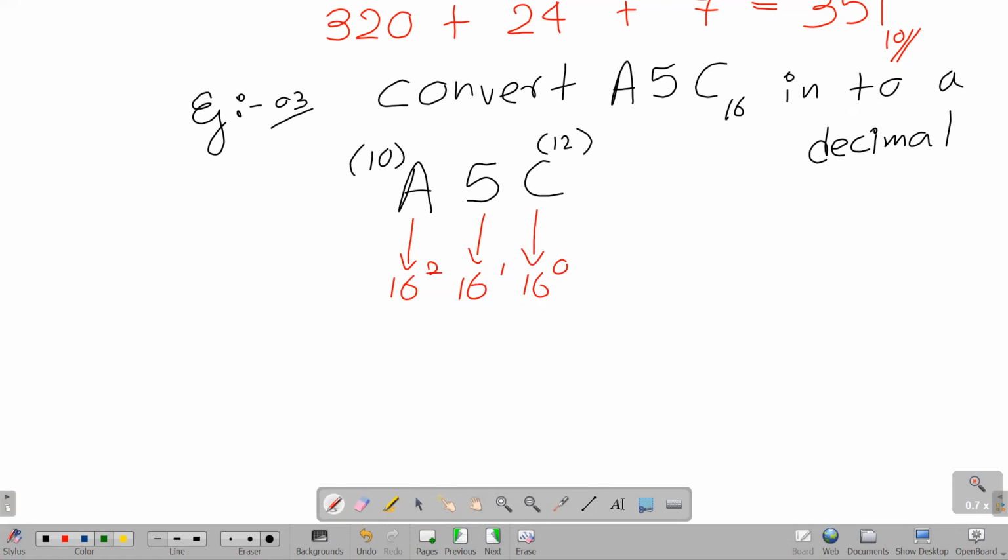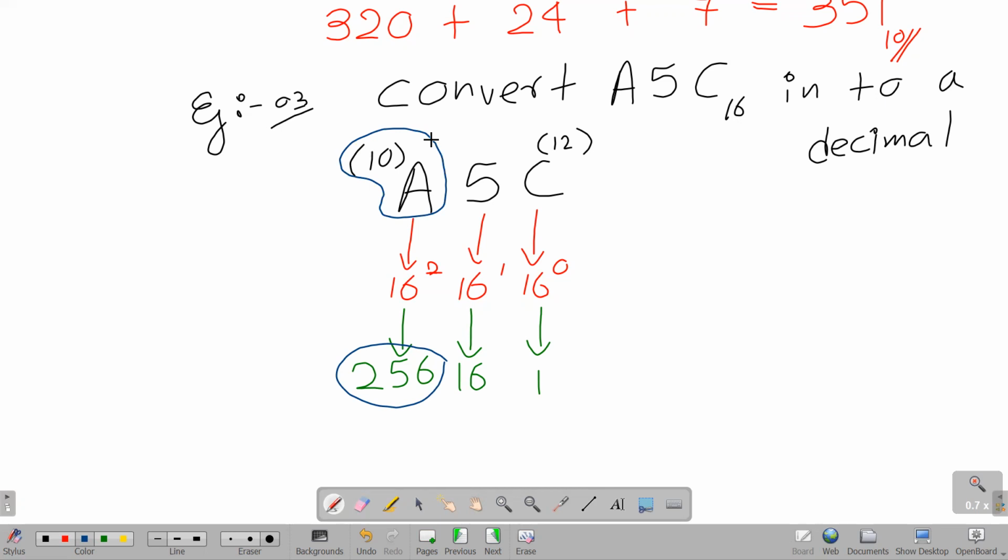That means this is 1, this is 16, this is 256. So we are going to go on the same road. We take the place value and multiply it with the symbol value.